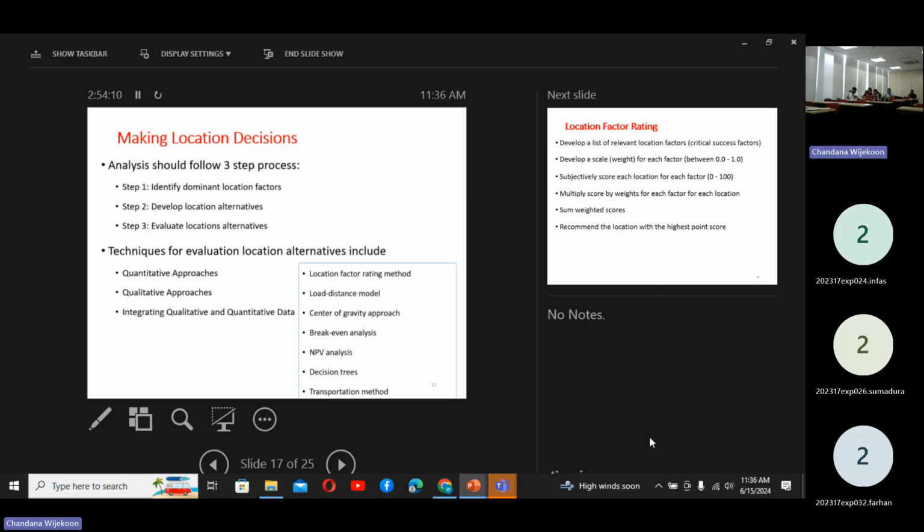Anyway, a combination approach is more applicable. Then we identified different factors at different levels, global to regional to country level. Towards the end, we identified a decision-making process that has a few steps. At the end, we identified different evaluation techniques. We explained one, the location factor weighting method, with an example. With that, let's conclude since we have run short of time.